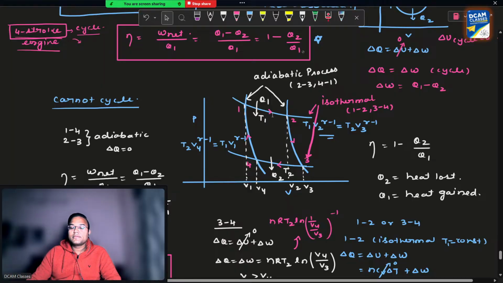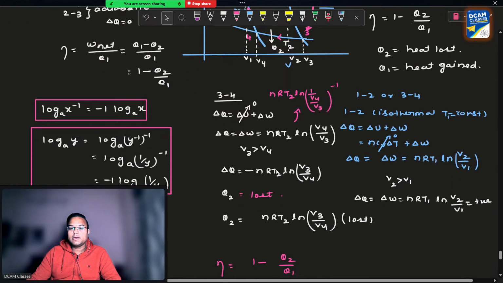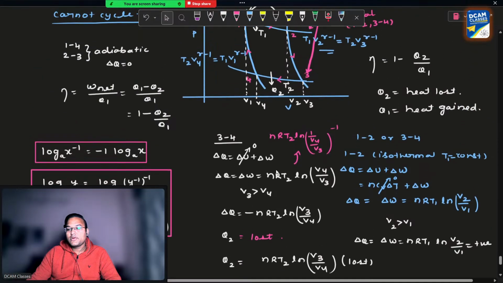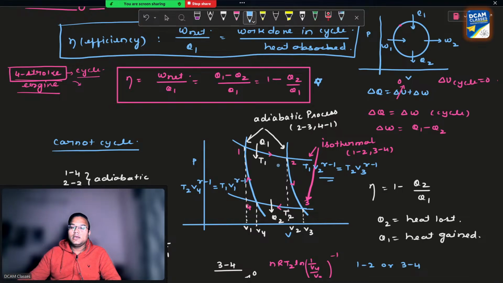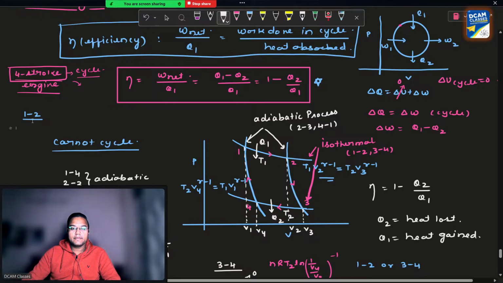Right? 1 to 2. Where have I done the calculation? Where is that? Oh, I've not done it. See, if you go to the process 1 to 2, I'm writing here.